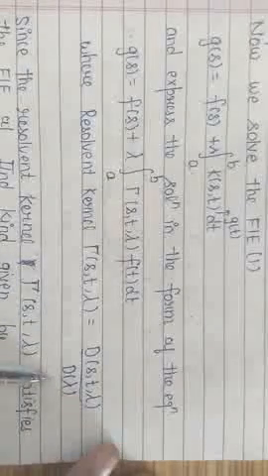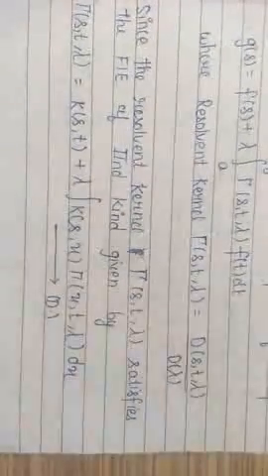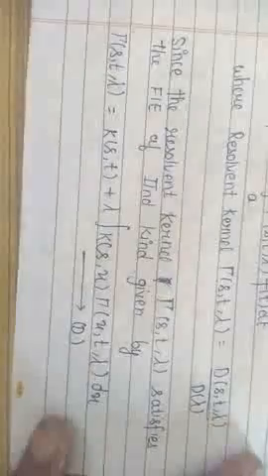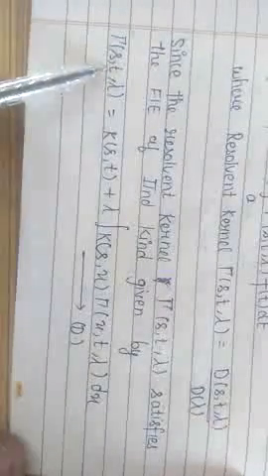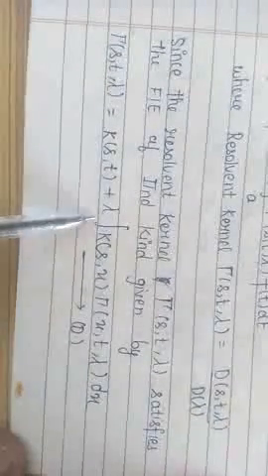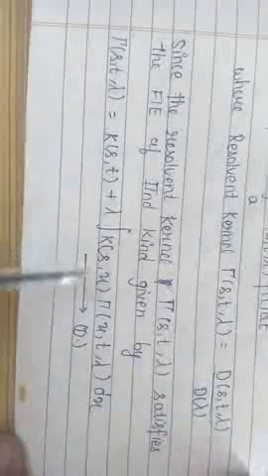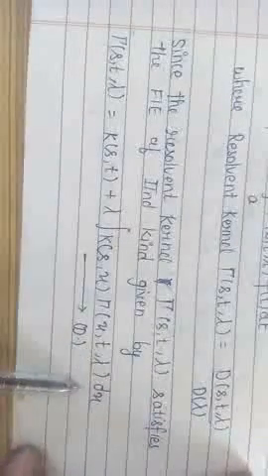and D(λ). Now we will use the property of the resolvent kernel, which is given by Γ(s,t;λ) = K(s,t) + λ ∫ K(s,x) Γ(x,t;λ) dx.